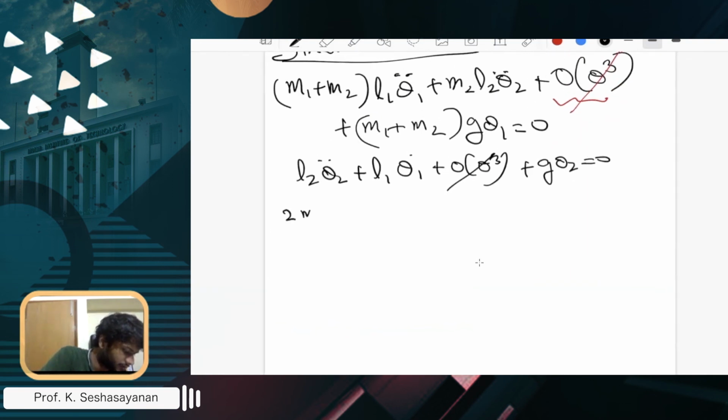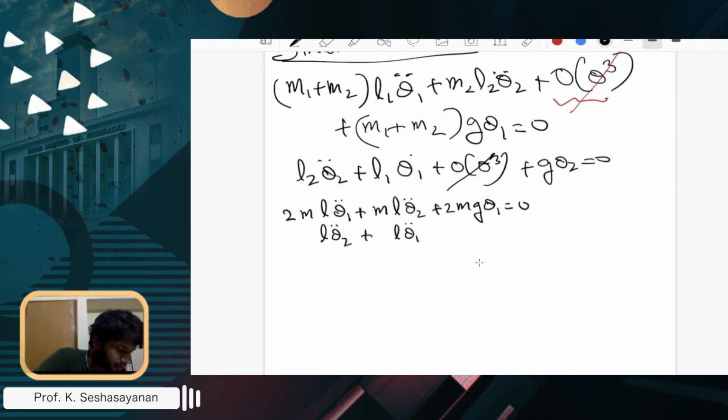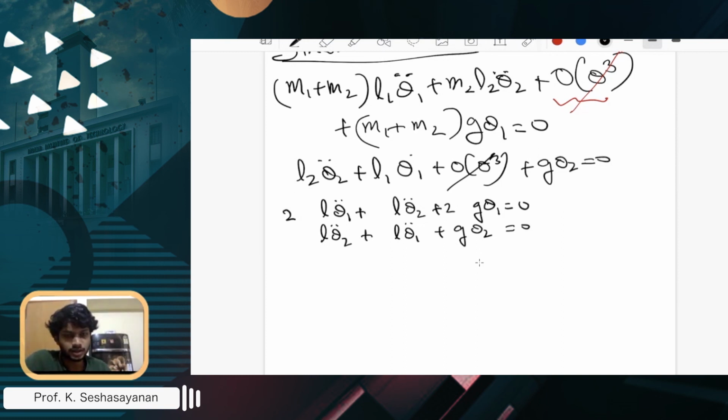We get 2m L theta 1 double dot plus m L theta 2 double dot plus 2 m g theta 1 equal to 0, and the other one is L theta 2 double dot plus L theta 1 double dot plus g theta 2 equal to 0. So we can remove m from the first equation. Now we have a system of equations in terms of just theta 1 and theta 2.